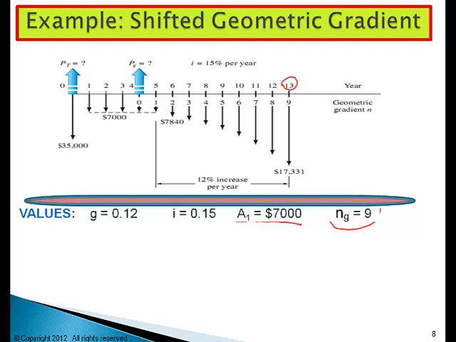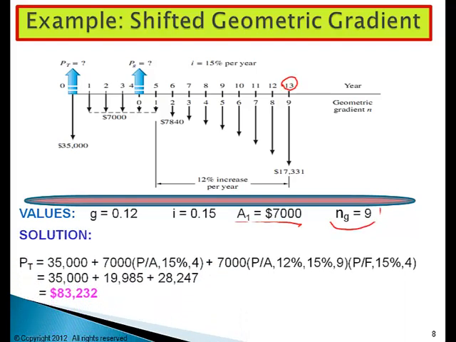To find the total P sub t, first of all, we will use several factors. We will use the P/A factor for the $7,000 series, and that's for years 1 through 4. We will consider the $7,000 that is in year 5 as the A1 value for the geometric series to get it started.